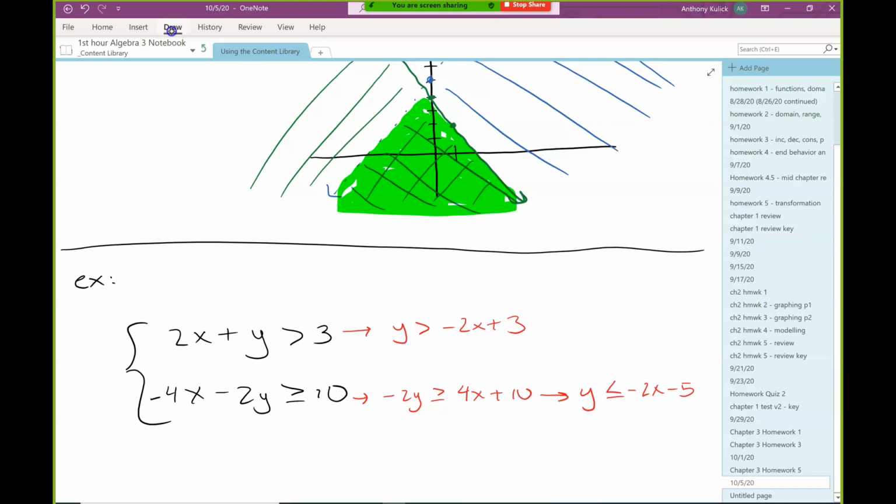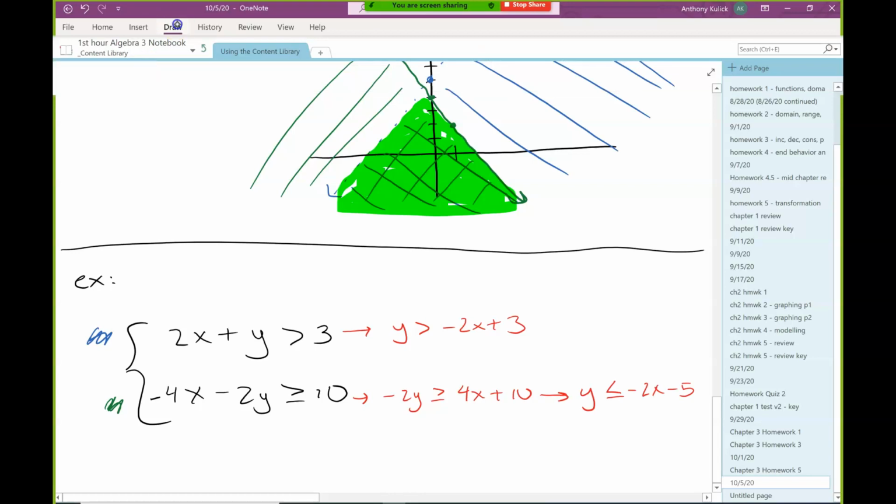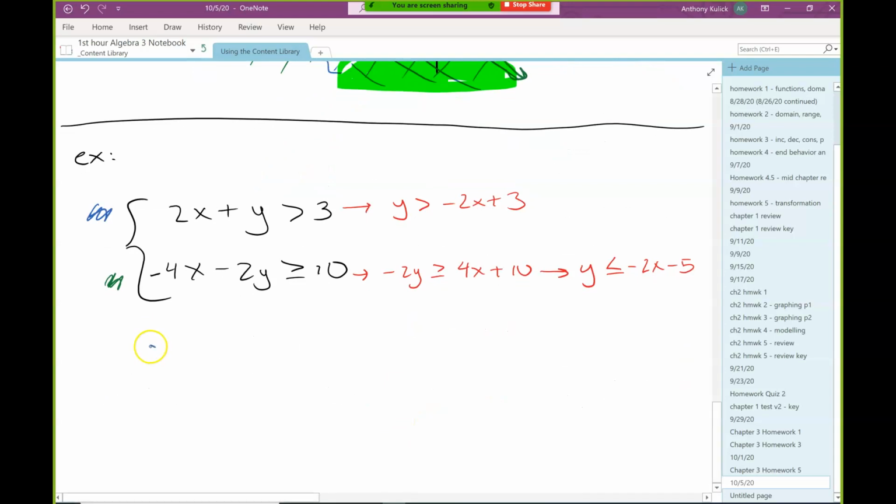And now it's just like the previous problem, right? So again, we'll do one equation in blue and the other in green. So let's see, maybe we'll do 0 for x, that gives me 3 for y, and maybe 1 for x, that'll give me 1 for y.